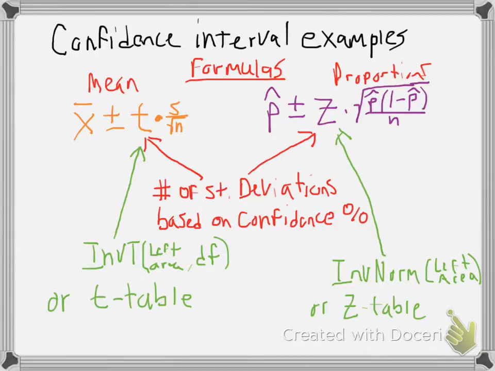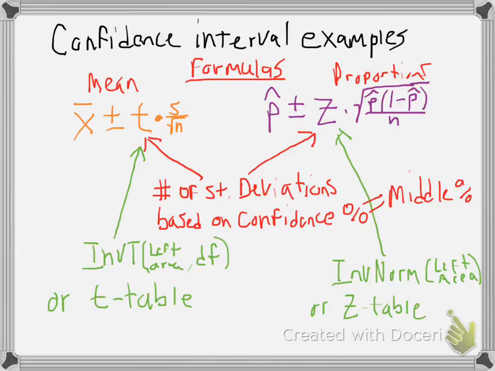Key thing about the formula is that in red here I put in the middle this t and this z score, which the book writes with that little alpha over 2. It's basically the number of standard deviations based on the confidence percent, and that confidence percent is always a middle percent. So most of my beginning work is looking at that t or that z based on the confidence percent.